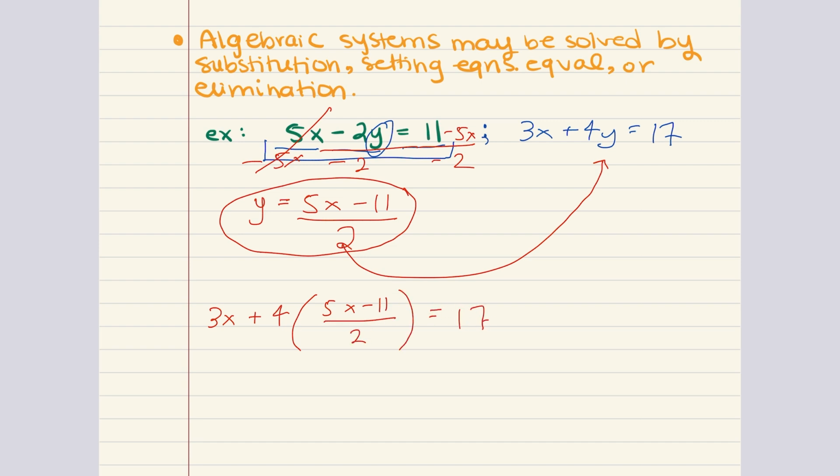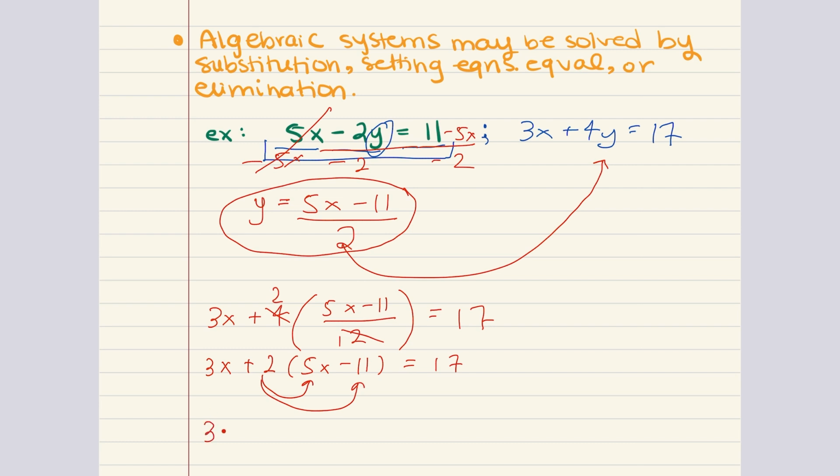Now here we can do a little bit of simplification. We can divide this by 2 and this by 2. This becomes 1 and this becomes 2. So now we have 3x plus 2 multiplied by (5x minus 11), and that's equal to 17. Let's distribute this 2.